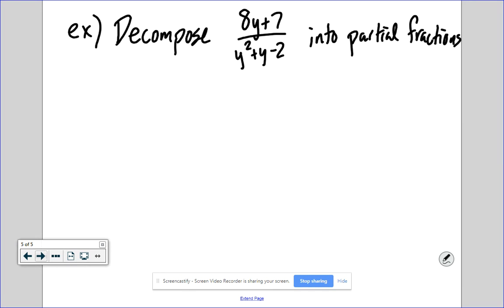Okay. So to do this, it's a couple step process. So step 1, we have to factor the denominator.